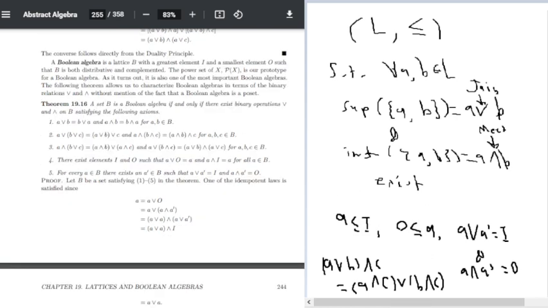By associativity, this is actually a fine definition, just a bit weird in how I read it out.